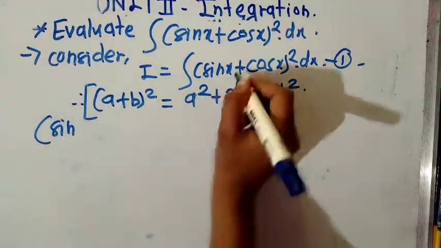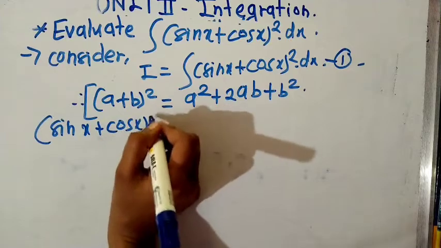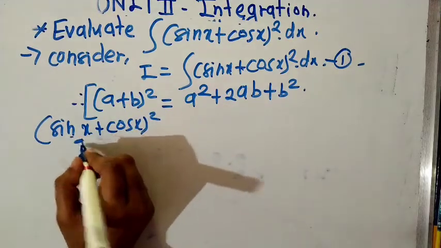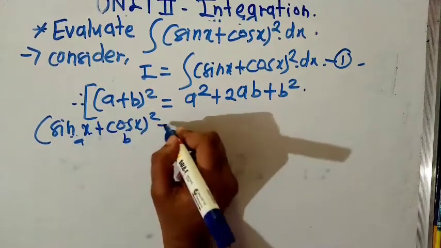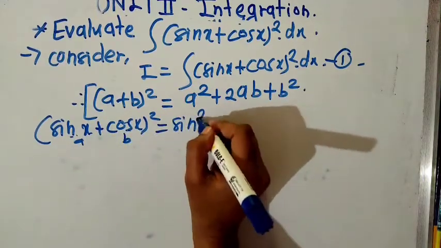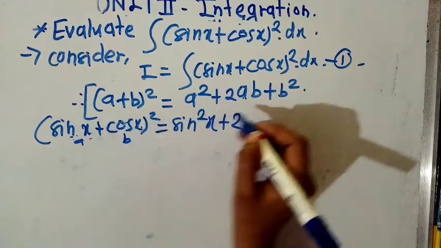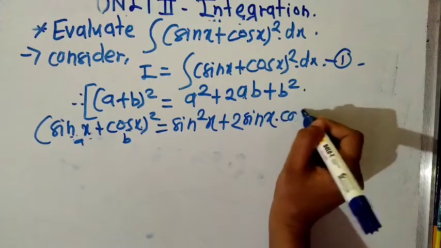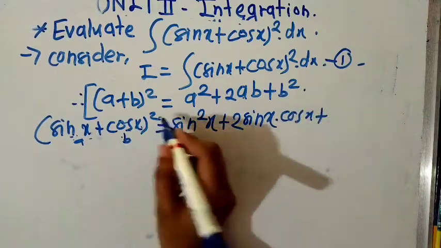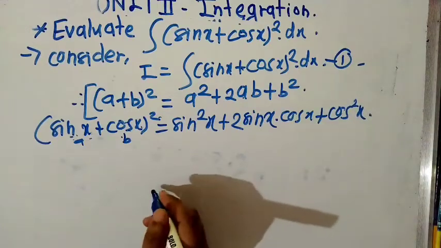But here in sin x plus cos x, sin x is a and cos x is b, so a square means sin square x, plus 2ab means 2 sin x into cos x, plus b square means cos square x.